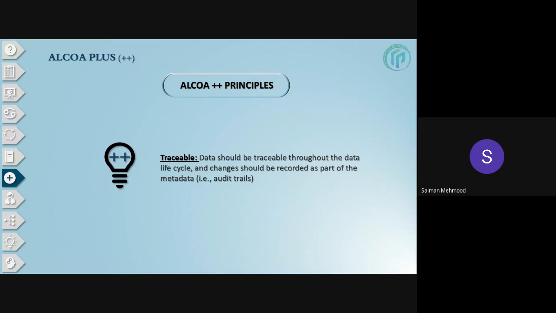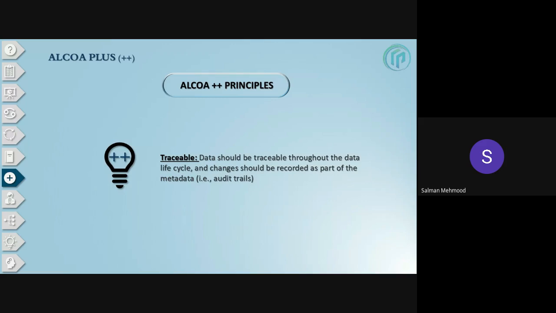ALCOA plus principles. As we have seen in ALCOA and ALCOA plus, so what is ALCOA plus plus? With increasing demand, automation, and complex digital systems, even ALCOA plus is not enough, you can say. So ALCOA plus plus is one more principle added to ALCOA plus, which is called traceable.